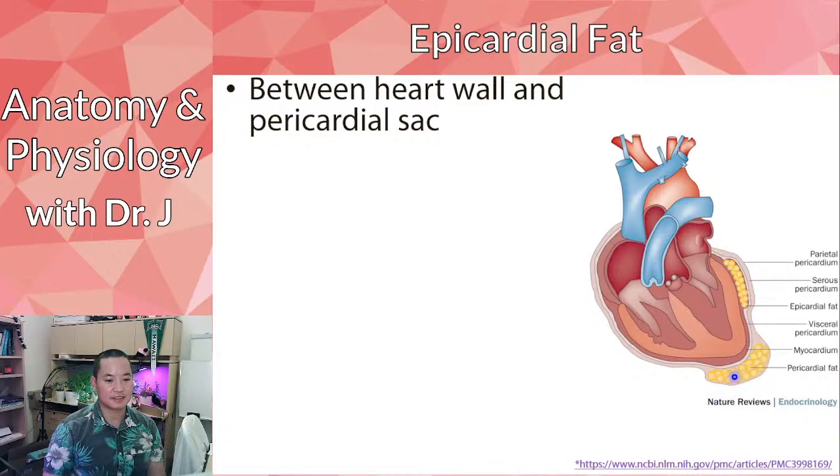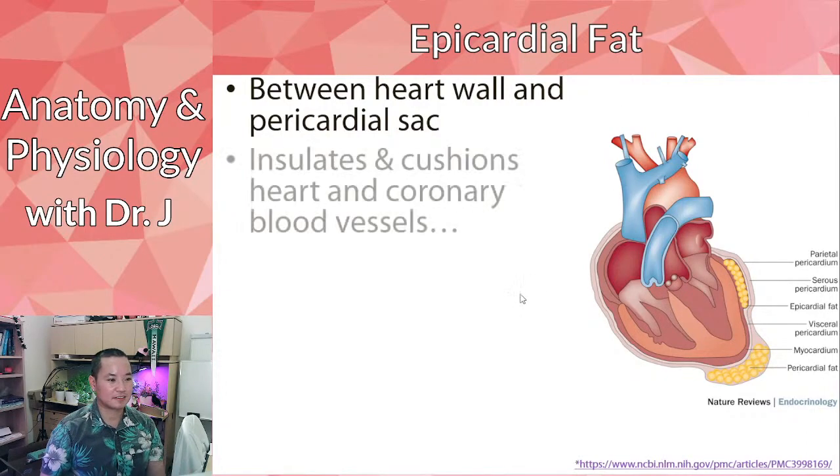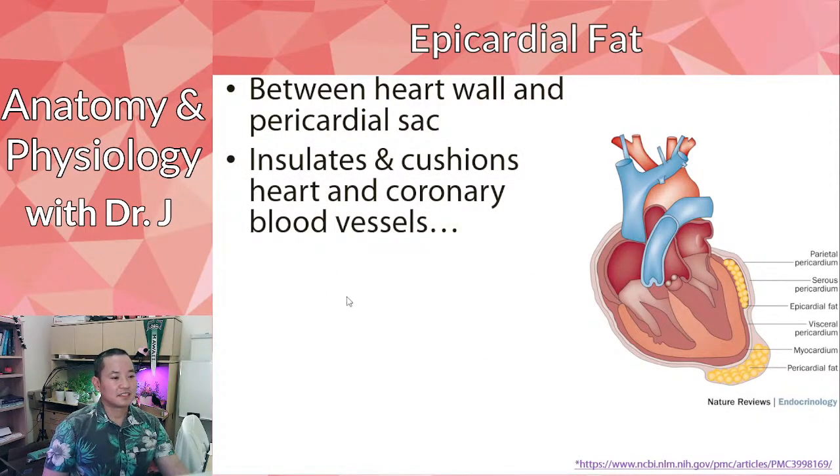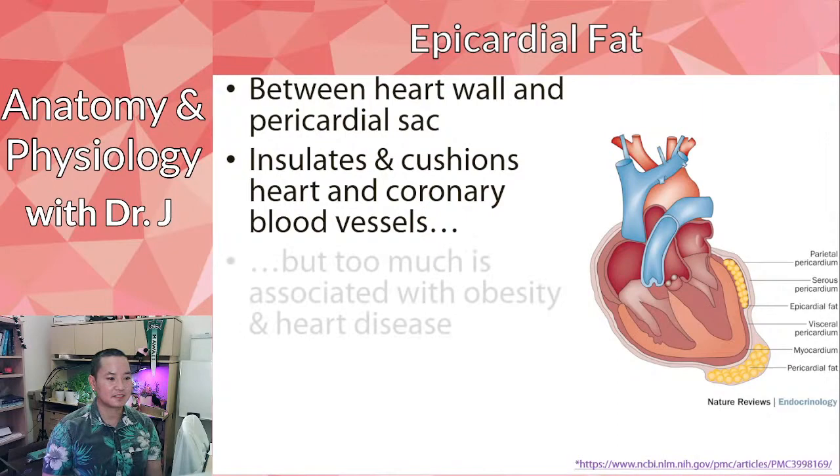All this fat is shown over here, but it's not just in the epicardium and the pericardium. It can be in different places: is it on the outermost layer, or on the innermost layer of that pericardial sac? What it does is very important for cushioning. Remember that white adipose tissue is more than just nutrition storage. They sometimes call it the packing material of the body, because it's soft and able to cushion against physical forces and stresses.